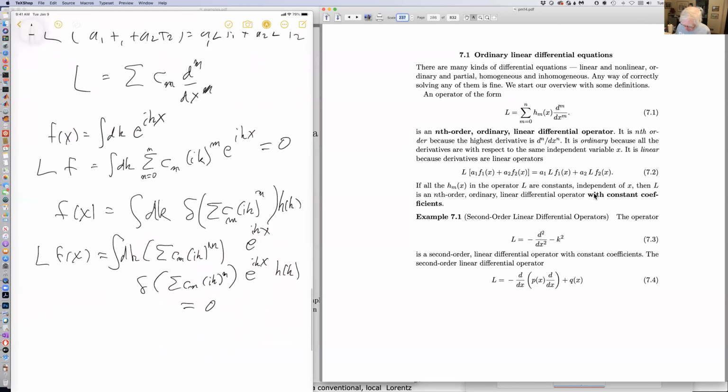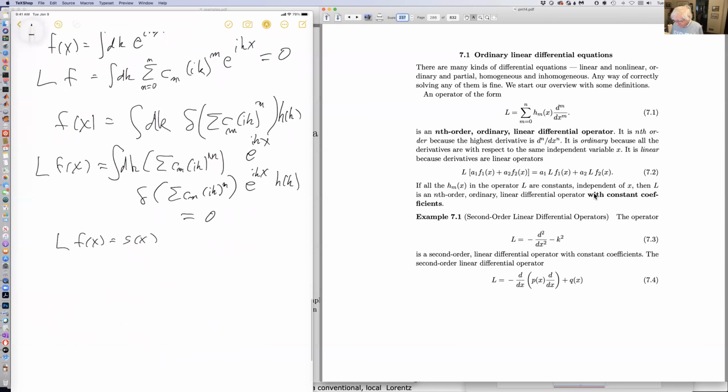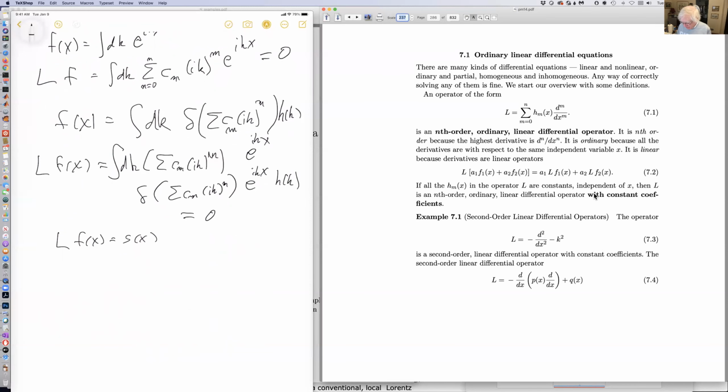If instead we want to solve the equation L f of x equals S of x, then what we do is we write both of these as Fourier transforms, and then we have the equation integral dk sum Cm I k to the m f tilde of k e to the I kx equals integral dk e to the I kx s tilde of k.